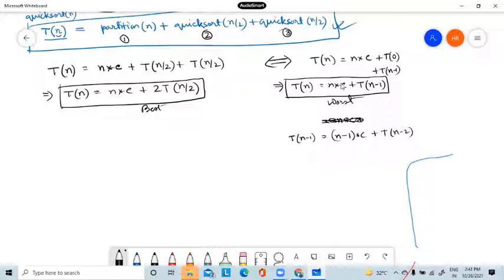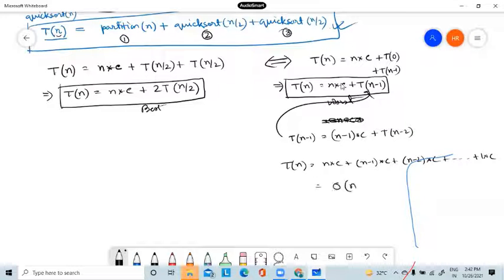So if I put this into this equation, I will get T of n equal to n into c plus n minus 1 into c plus n minus 2 into c. In this way it will move forward and after some time it becomes 1 into c. So this is the sum of n to 1. So obviously it is order of n square, same as selection sort.